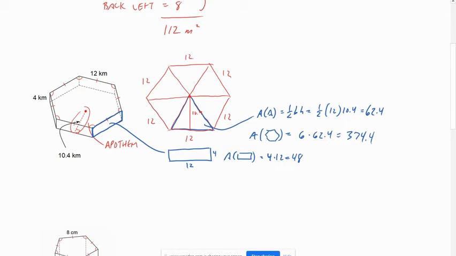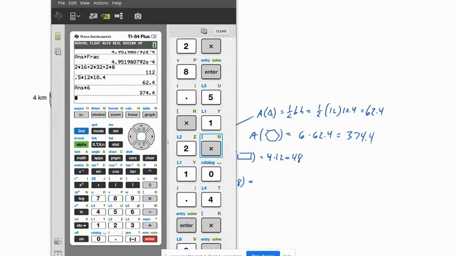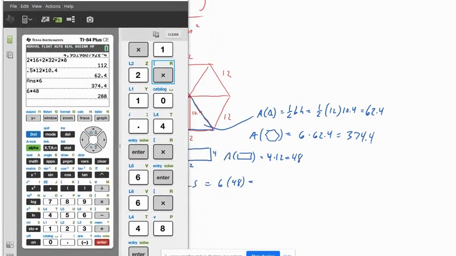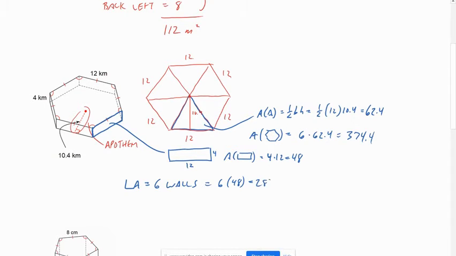Okay, and now we're ready to find the lateral area. The lateral area is equal to the 6 walls. And that's 6 times 48. And so 6 times 48 is 288.